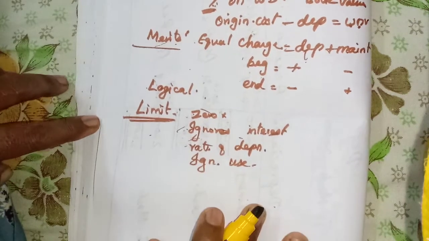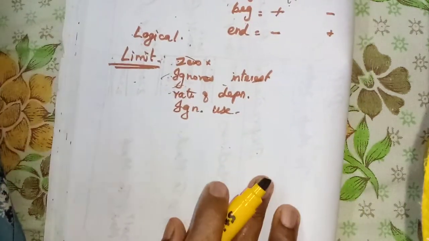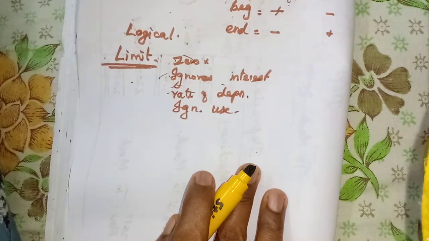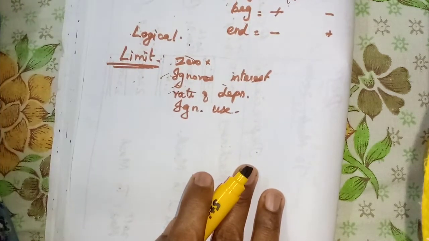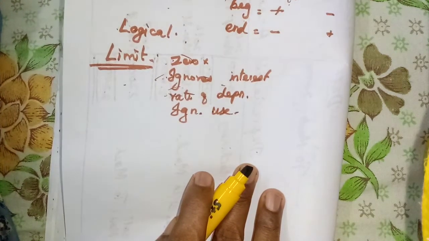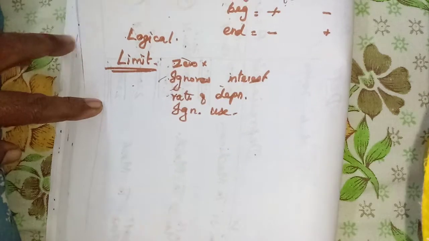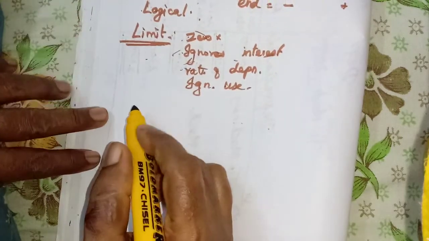Actual use of the asset is not considered, because we never use it the same every year. Some years they may use the machinery for many hours, isn't it? So the actual use of the asset is not considered for calculating the depreciation.